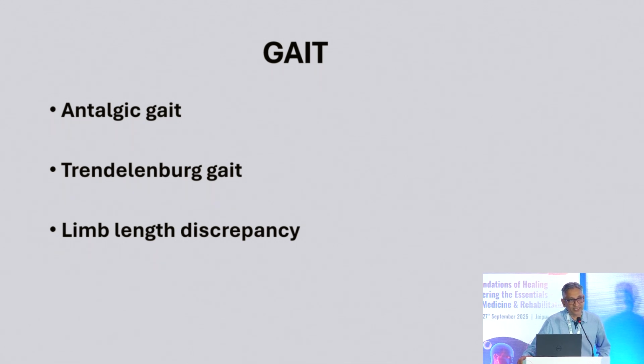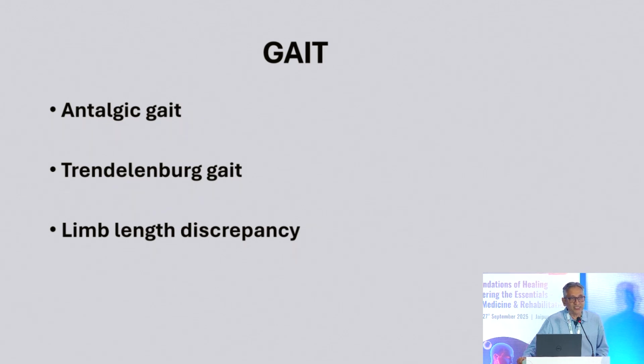Then the patient with a stiff joint will have a gait because there won't be much flexion of the hip joint. Then the typical circumduction gait in hemiplegia, and in a spastic child you can have a scissoring gait. By identifying the gait, you can identify most of the problems.